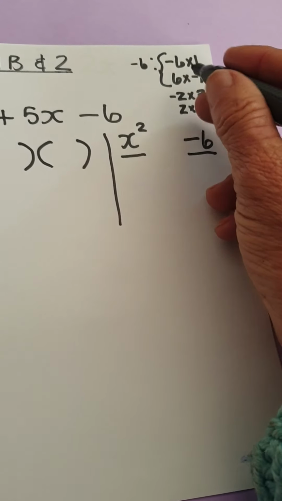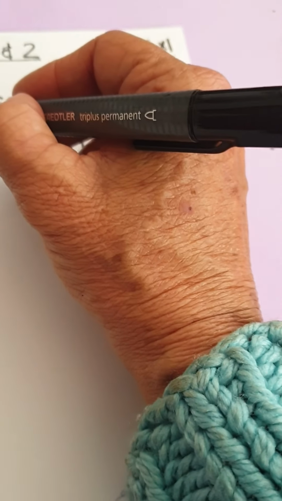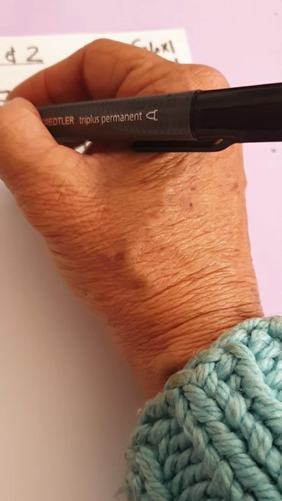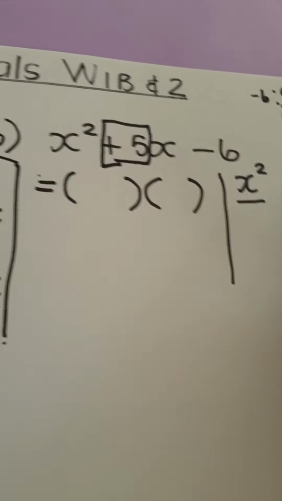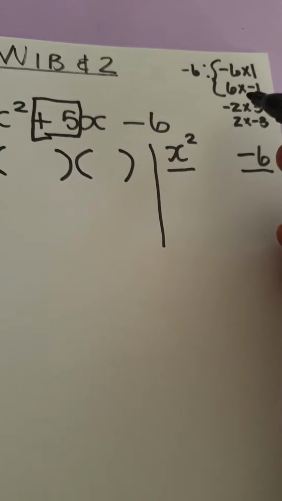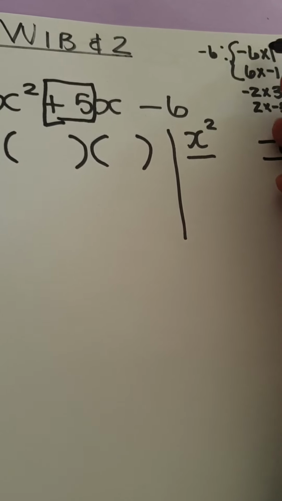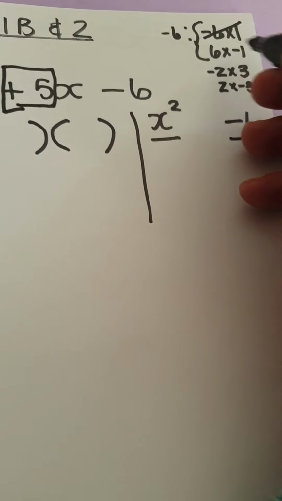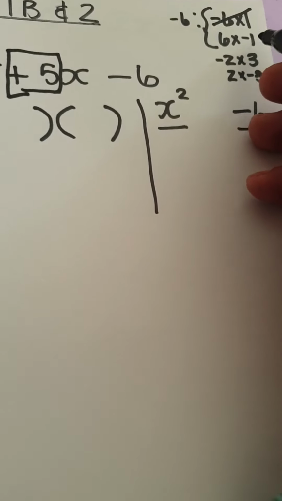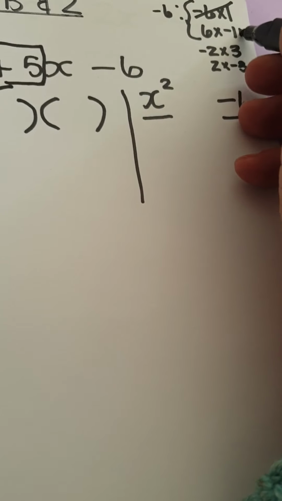If I look at these pairs of factors, when I add them I must get plus 5 in the middle. The coefficient is a positive 5, so when I add them I need more positives than negatives. Can you see negative 6 plus 1 gives negative 5? That one is out. But look at plus 6 plus negative 1. That will give you plus 5. So I can use this one.